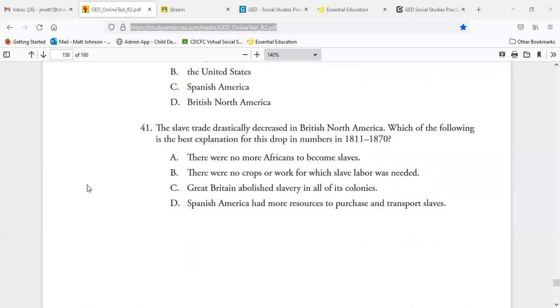And here is an example of a question where that bit of background knowledge is going to be helpful, right? Nowhere in that information do we know that Britain abolished slavery. But I mentioned when we talked about the American Civil War that by the time we get to the 1860s, most European countries had abolished slavery, right?